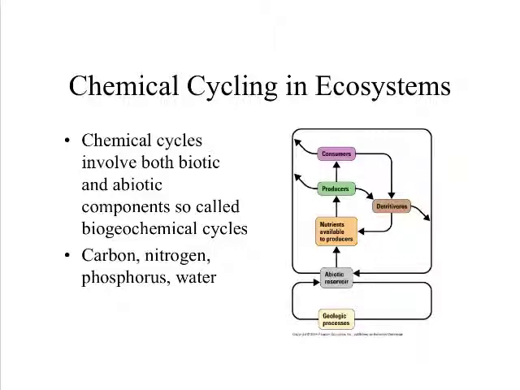These are what we call biogeochemical cycles. We can take a look at the cycling of carbon, nitrogen, phosphorus, and water within an ecosystem, because those are the main nutrients that are needed in order to make biomass for the consumers to survive.